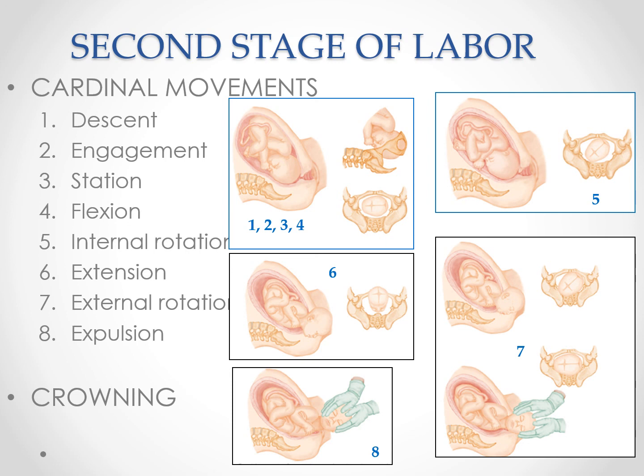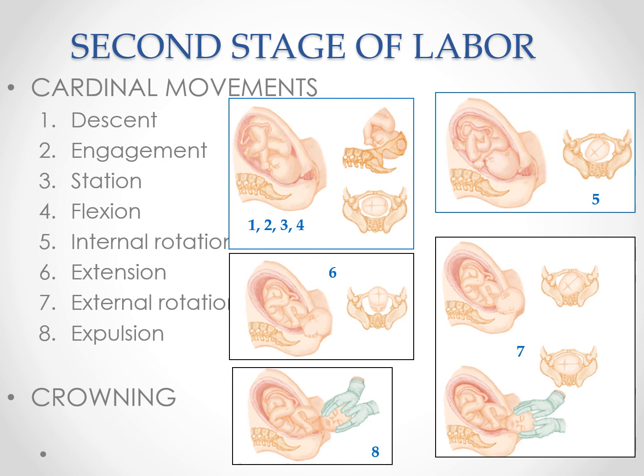And then there will be some internal rotation. So internal rotation, this is where whether they are posterior or anterior comes into play, because if they only have to turn from an occiput anterior position, then that's more advantageous. So if you look at picture number 5 on the top right there, that fetus is in an occiput anterior position.